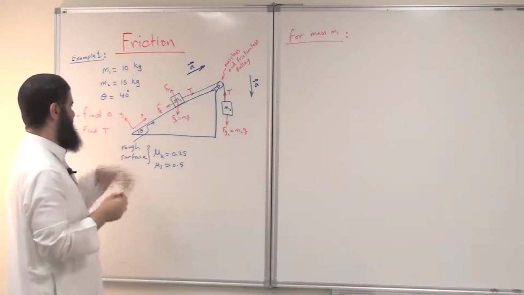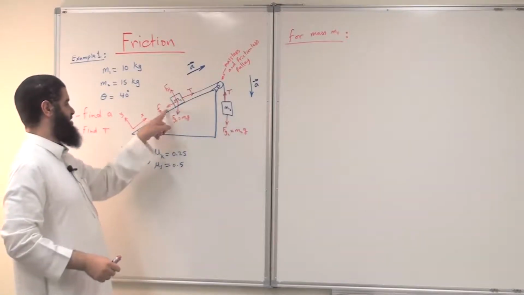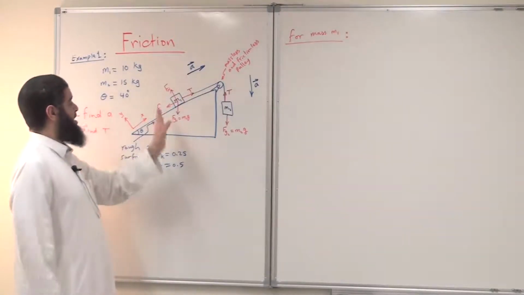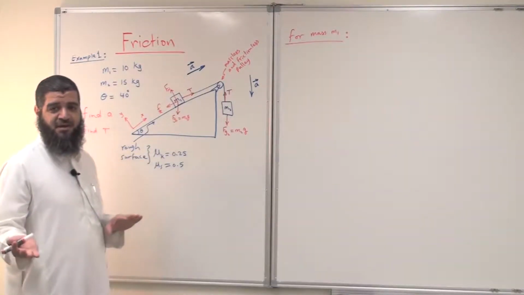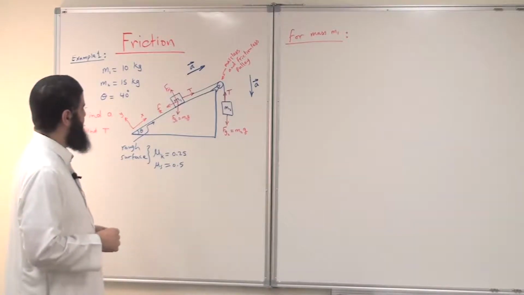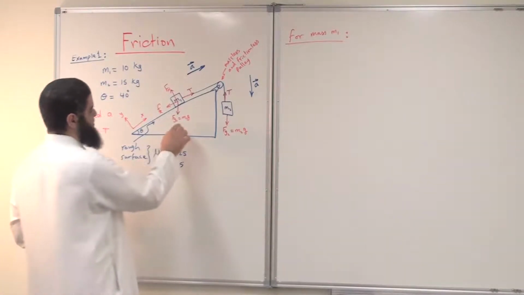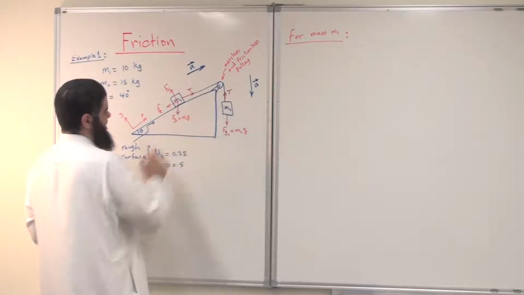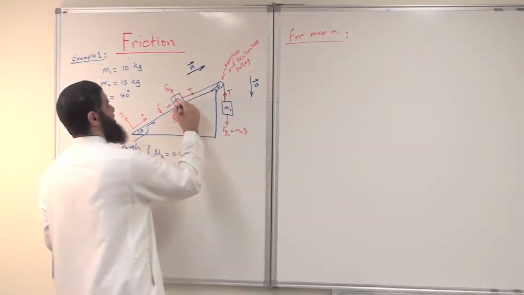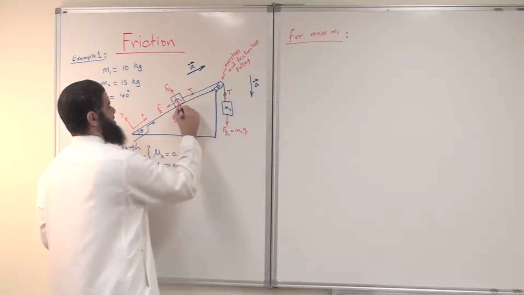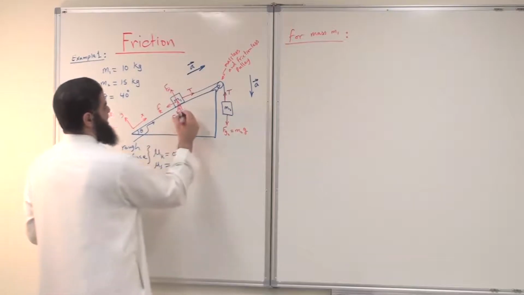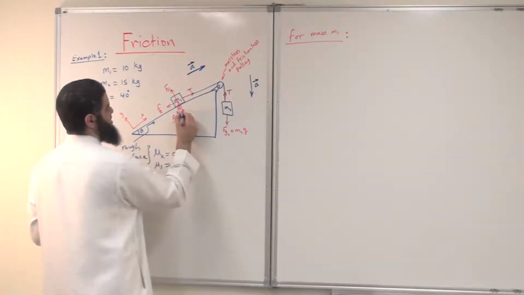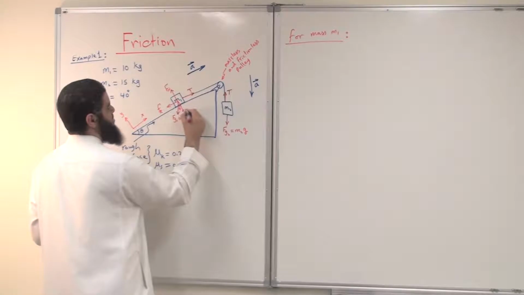You can see that the tension is along the positive x, Fk is along the negative x, Fn is along the positive y, but Fg1 is neither on the x nor on the y. So we have to analyze Fg1. This angle is theta, the same as this angle, as we explained before. The component neighboring theta is M1G cosine theta.